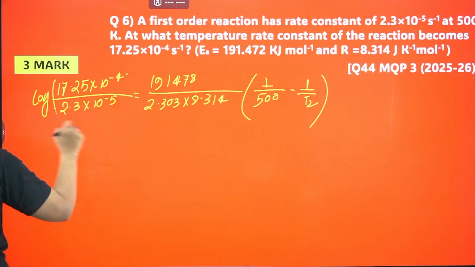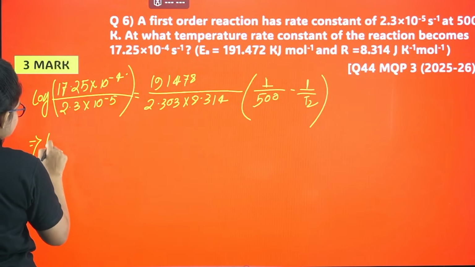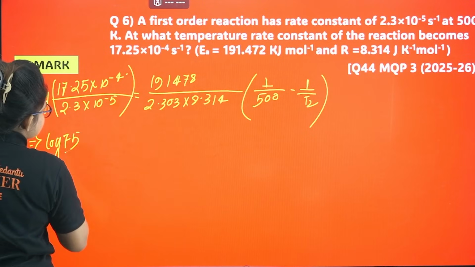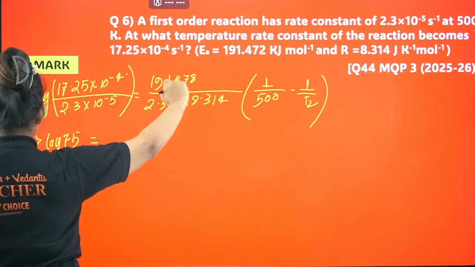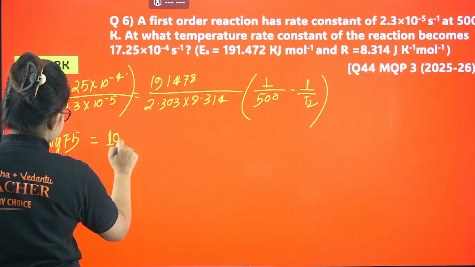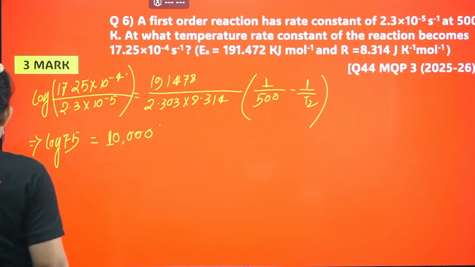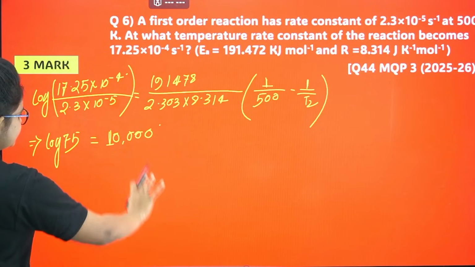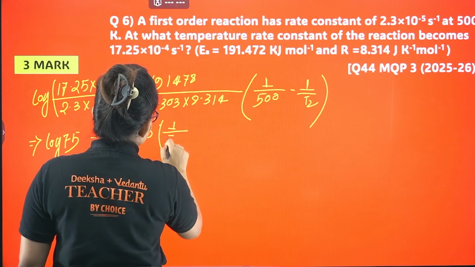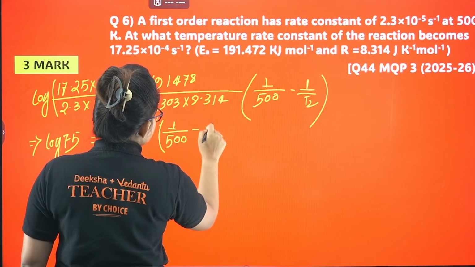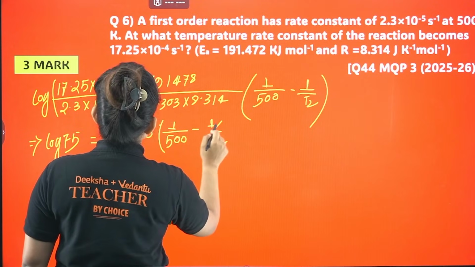So if you calculate this portion, you will get log 75. Log 75 is basically equal to, if you calculate this portion, you will get 10,000 point something, I am just simplifying it to 10,000, into 1 by 500 minus 1 by T2.